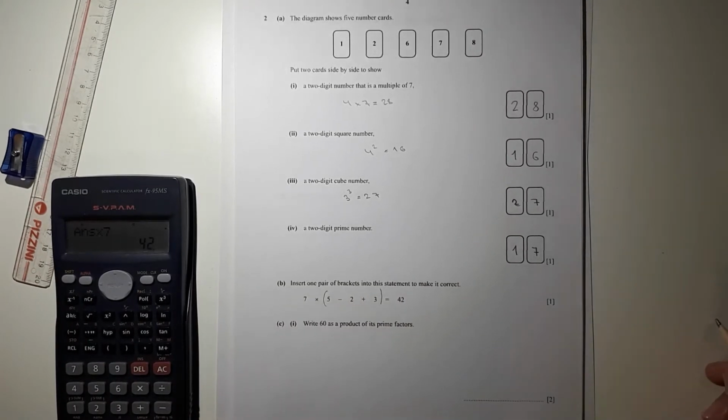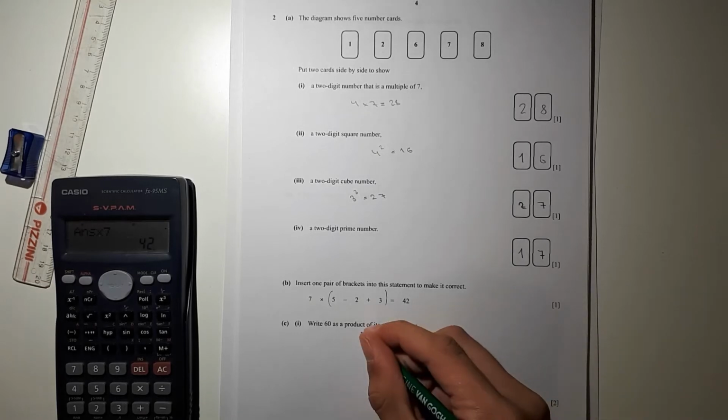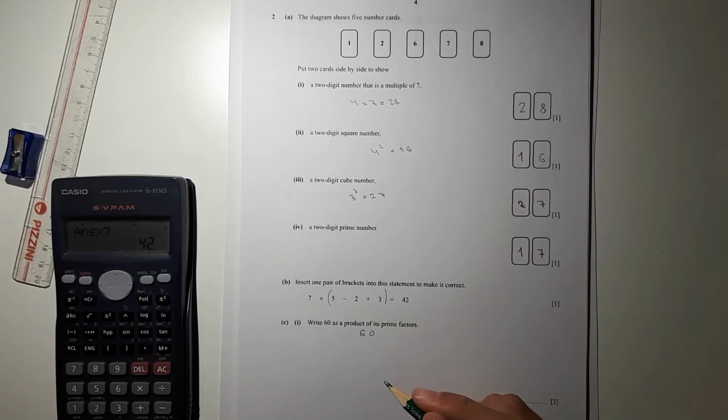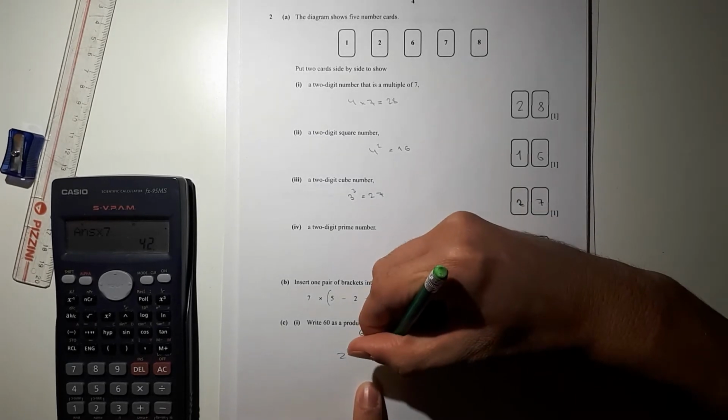Write 60 as a product of its prime factors. For this we have to divide 60 by the smallest prime number we know. So we divide by 2, and this is 30.